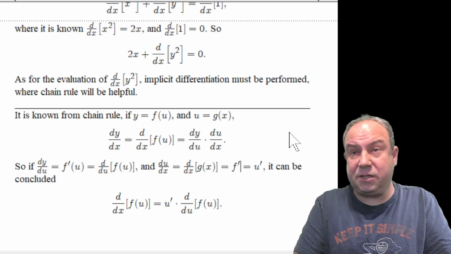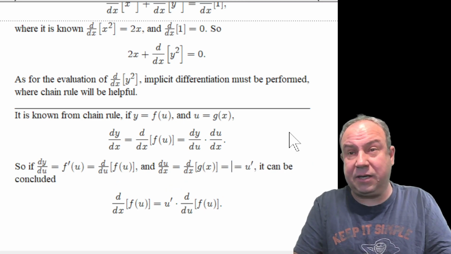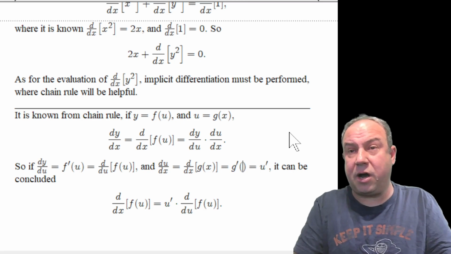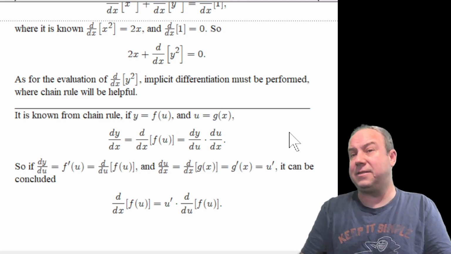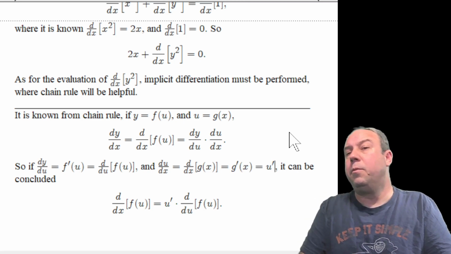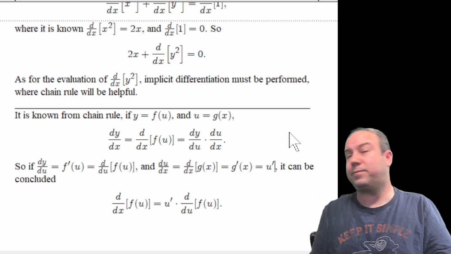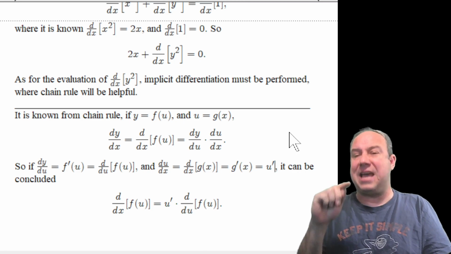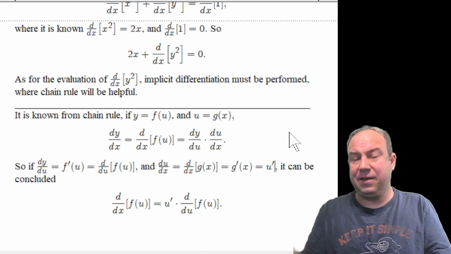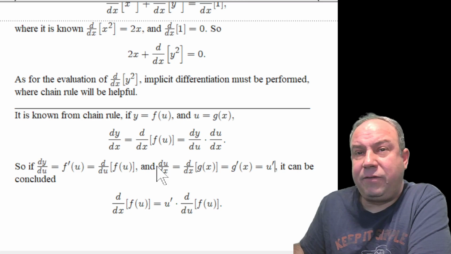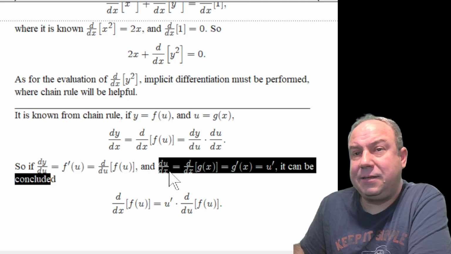It is going to be this value we might think of as g prime of x, but can also be considered the value of u prime, the derivative of u with respect to x.